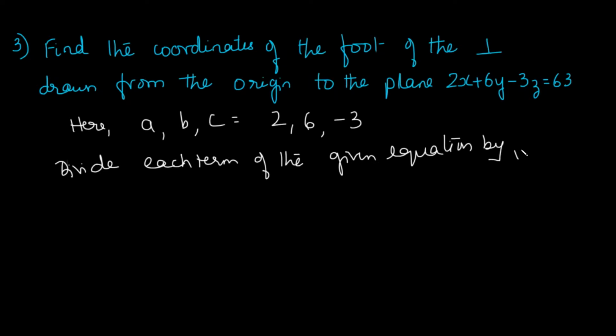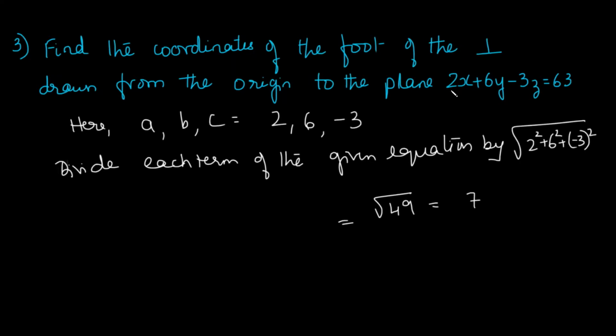by this value, that is root of a square plus b square plus c square, that is 2 square plus 6 square plus minus 3 square. So this comes out to be root of 49, which is 7.